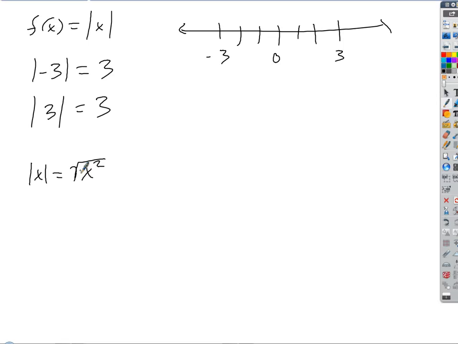A lot of times, though, we like to think of it as a piecewise function because the absolute value function does two kind of different, separate things, right? So we can write an absolute value function like this. Now, does that look familiar? Piecewise functions? Probably been a while since you've talked about piecewise functions. When you have a function that's equal to, and then I open up this script bracket like this, it's saying there could be multiple behaviors going on here.